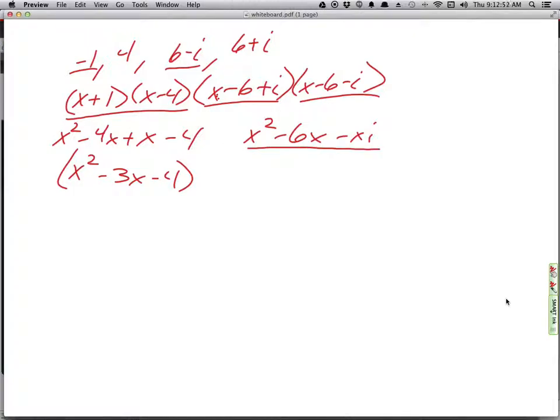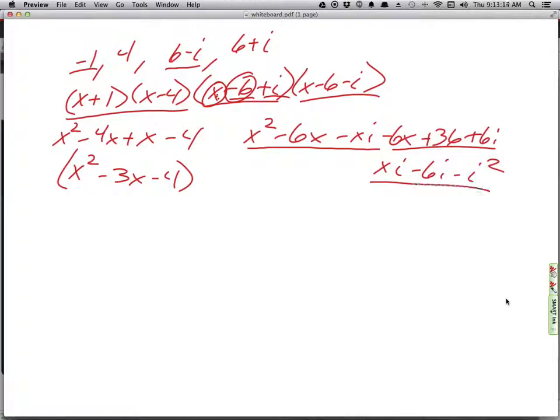All of that came from the x. Then I need the negative 6: negative 6x plus 36 and 6i. All that came from the negative 6. And then I need the i: so I have xi, negative 6i, and negative i squared. All that came from the i.